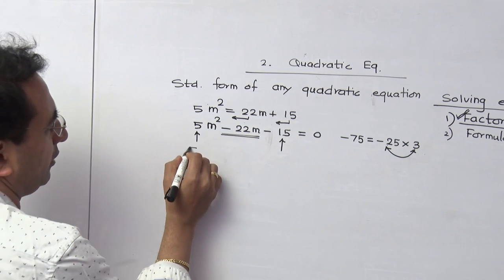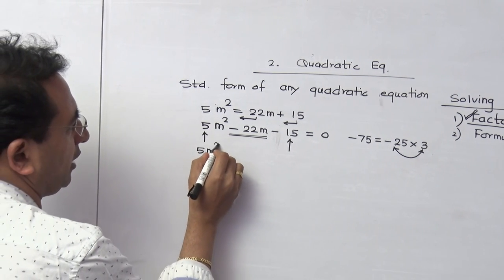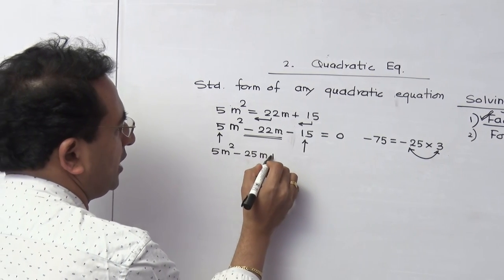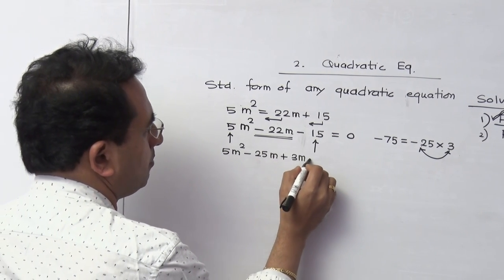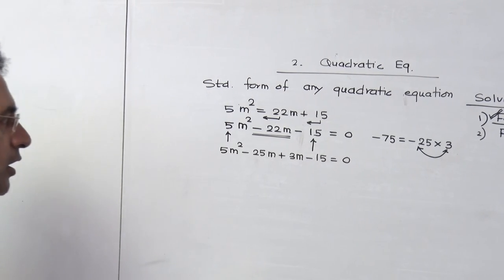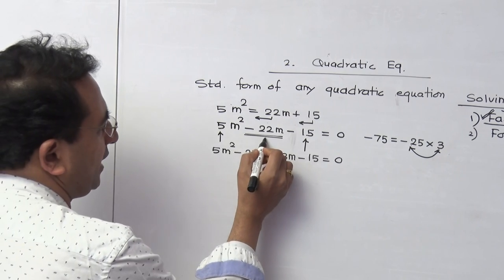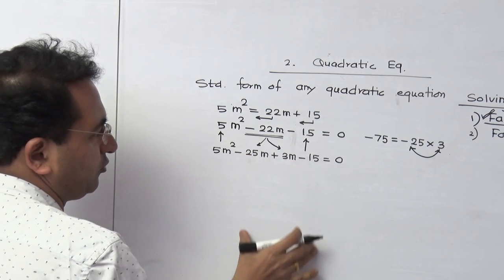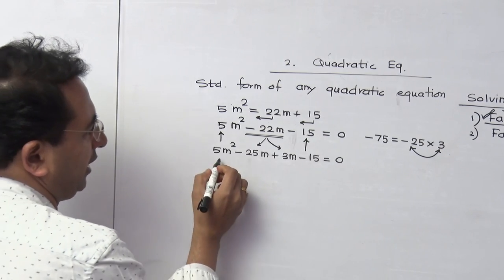So we can write 5m square minus 25m plus 3m minus 15 is equal to 0. So what we have done is split up the middle term, and now this procedure we will be doing properly.